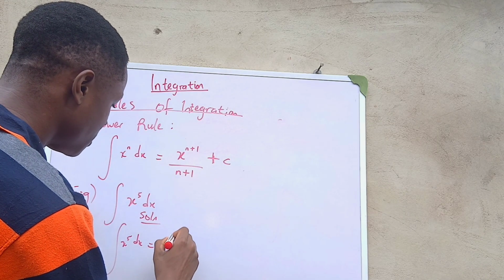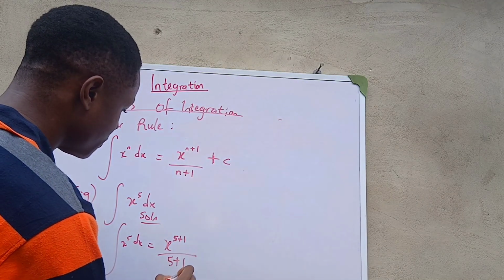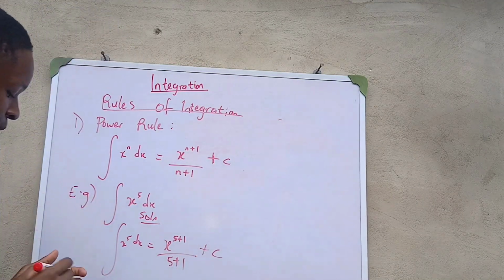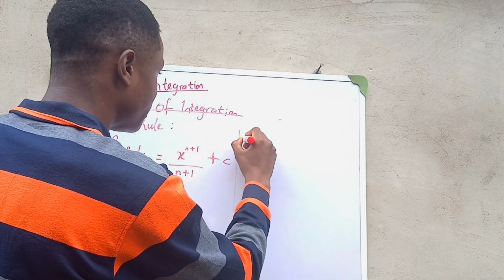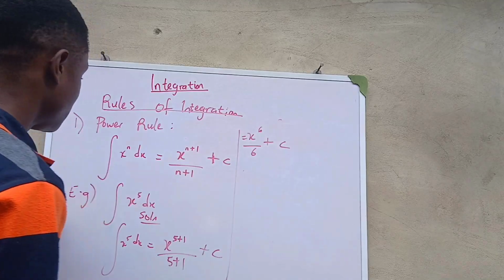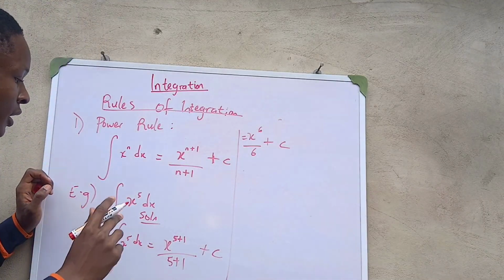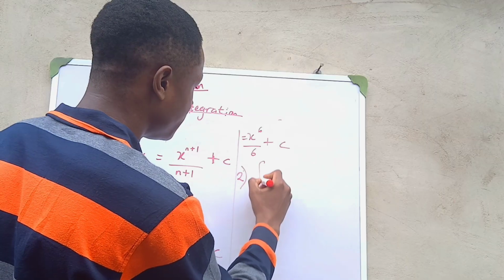So we have x raised to the power 5 plus 1 all over 5 plus 1 and our plus c. So leaving us with x raised to the power 6 all over 6 plus c. So that's our answer.